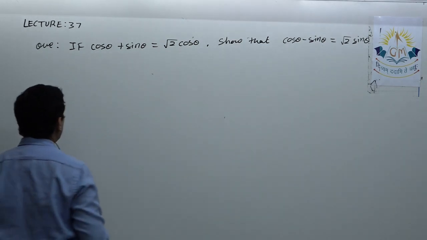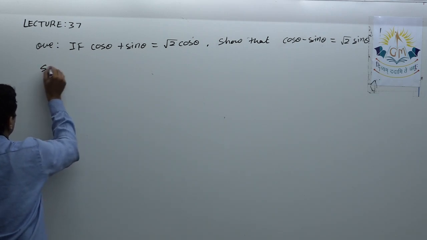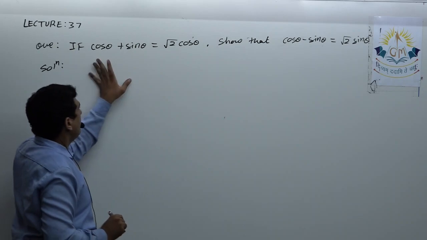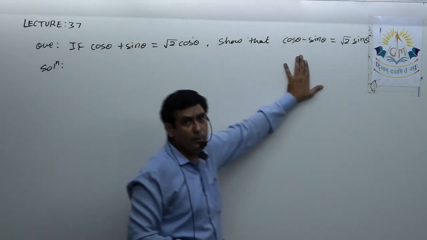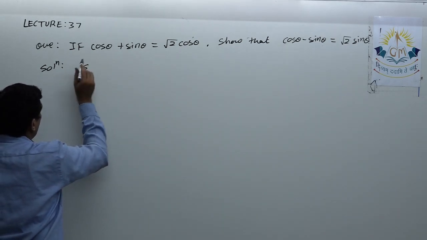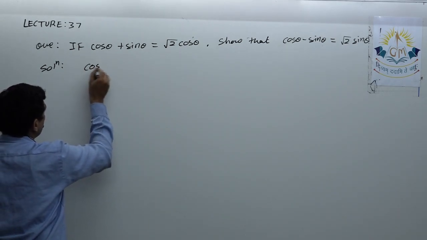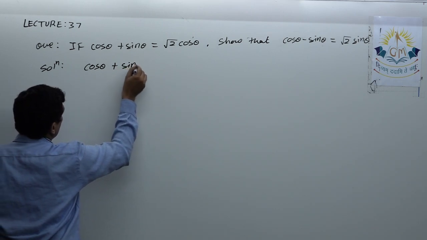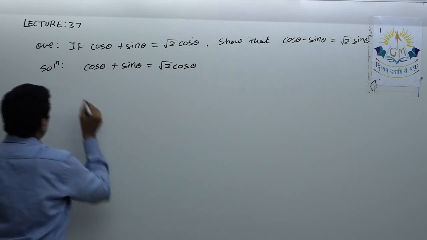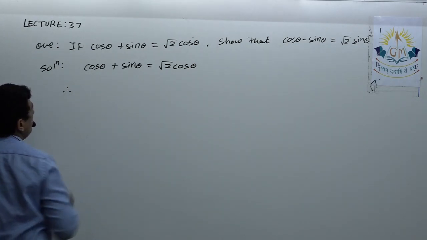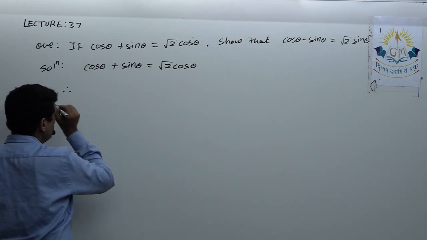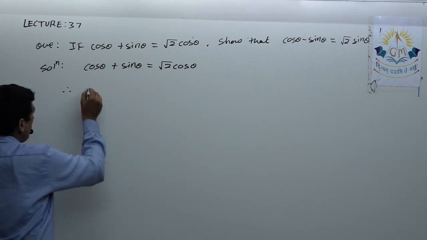So let us see how to solve this. Okay, so in other words we can say we have a plus b, we need a minus b, isn't it? So let us start. So we have cos theta plus sin theta is equal to root 2 cos theta. So very first step what I will do, squaring both sides.